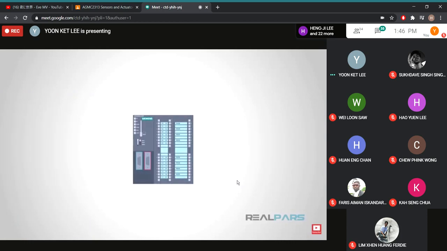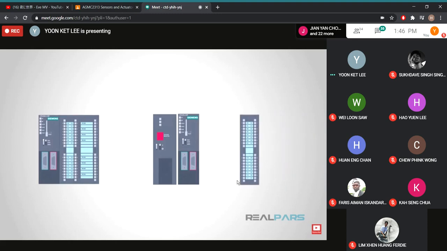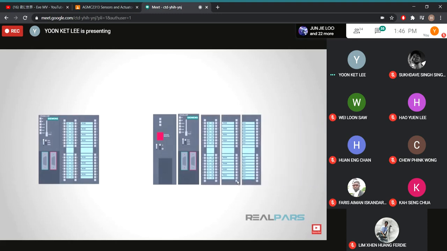An installed PLC is deceptively simple in appearance. You have a CPU module and input-output devices referred to as I/O. Sometimes the I/O is part of the CPU, and sometimes it is in other modules.